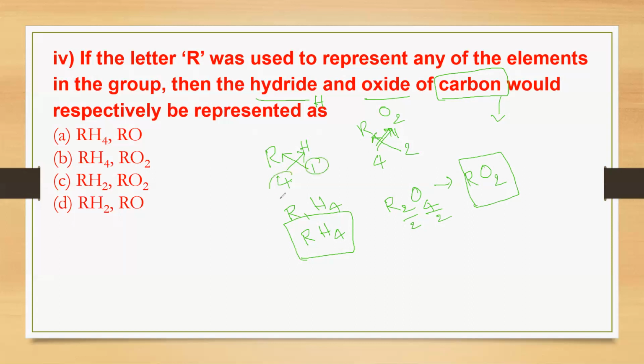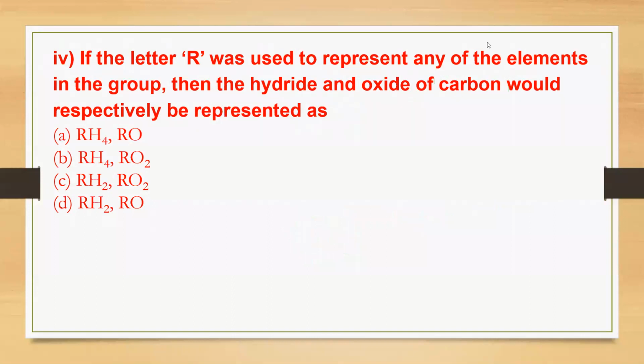According to the valences, it is easy to write the chemical formula. What would be the answer? Answer B is the correct one, because CH4 is methane and CO2 is carbon dioxide. Therefore option B is correct. Move to the next one.